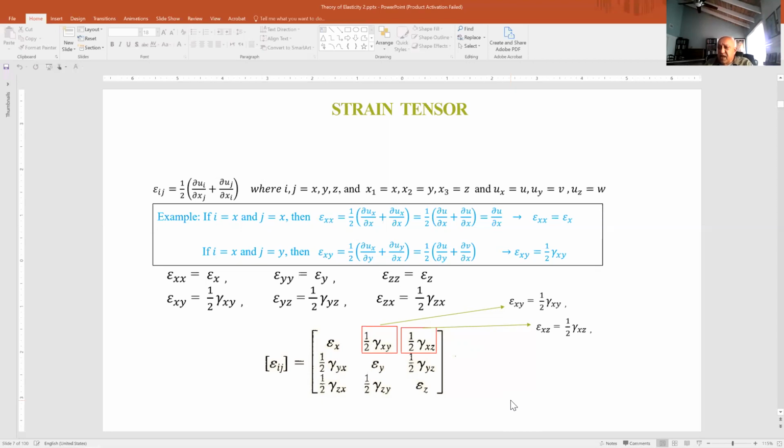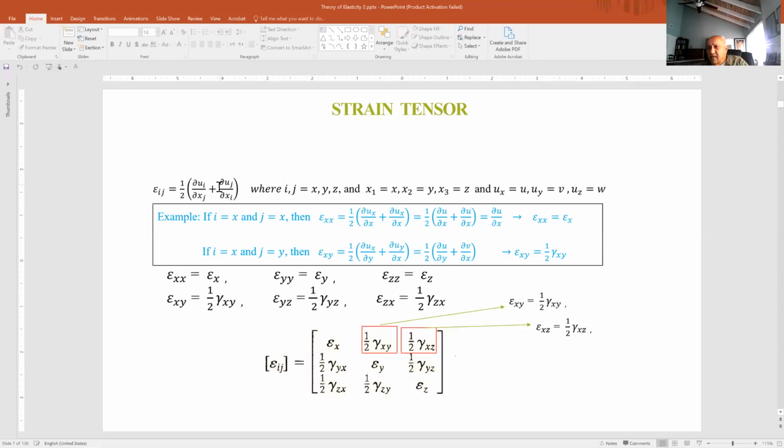Basically, strain should have been defined by the equation shown on the top. Epsilon ij is equal to 1/2 of derivative of ui with respect to xj plus derivative of uj with respect to xi, where i and j in this equation would be x or y or z.